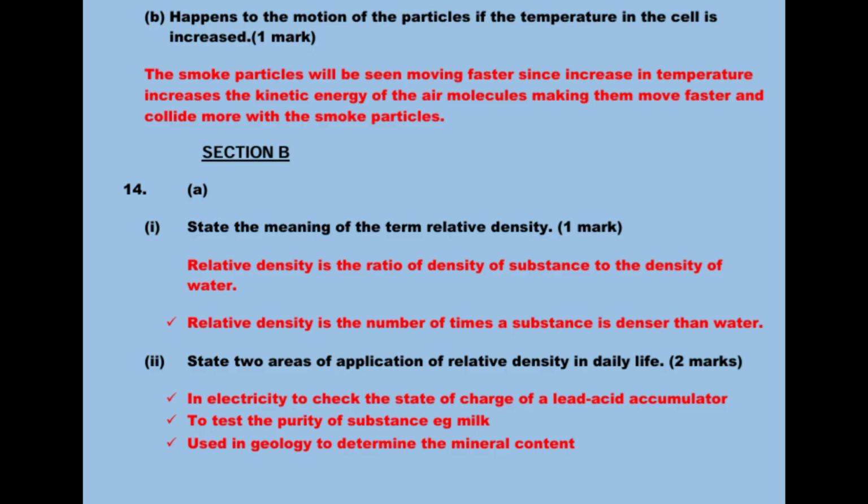Then we have to test the purity of a substance, e.g. the milk. Maybe in a dairy farm, when we want to check whether the milk is pure, we still use the hydrometer. So we are talking about the same thing. And then it is used in geology to determine the mineral content. Those are some of the applications of relative density in real life.